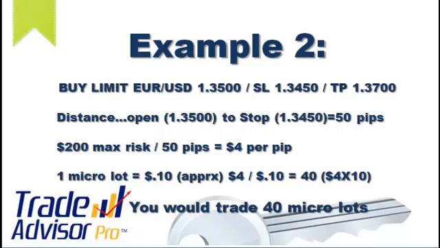Okay? Which equals $4 per pip that we're willing to risk. Again, one micro lot is 10 cents. You take the $4 per pip, divide it by 10 cents, and what you get is 40. So in that trade, you're going to be able to trade 40 micro lots.